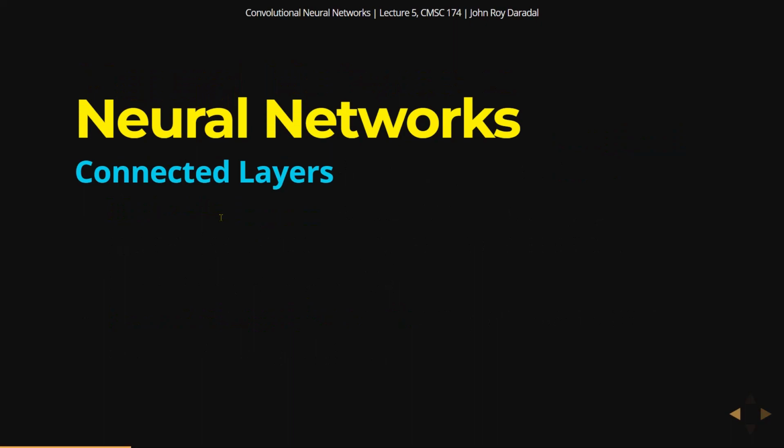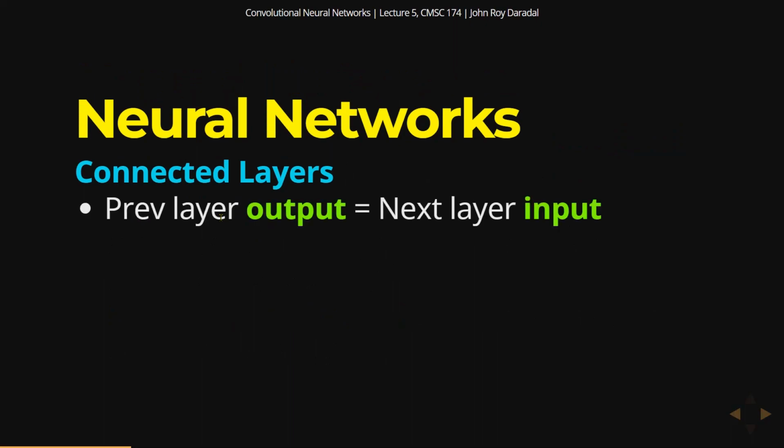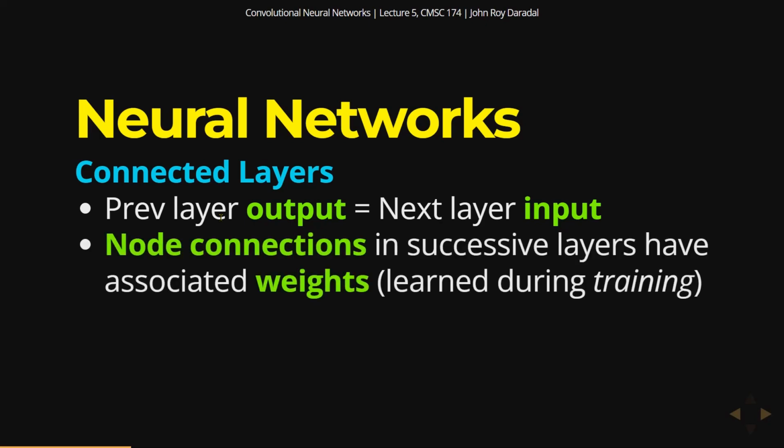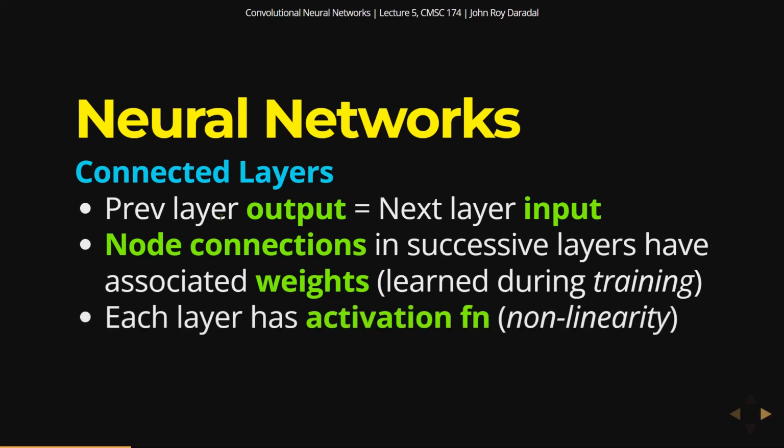Okay, so the layers of the neural networks are connected. So the output of the previous layer can be considered as the next layer's input. Okay, so we feed the output of the previous layer in as the input of the next layer. And since they're connected, the node connections in successive layers have associated weights, as we mentioned, and these weights are learned during training.